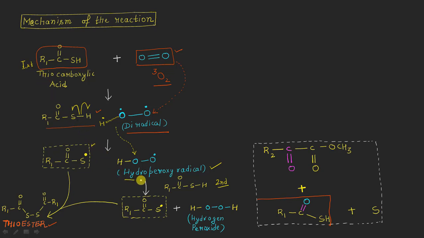And whatever hydroperoxy radical we have got here after this reaction, it will now react with this second molecule of thiocarboxylic acid, once again resulting in the formation of an S radical here by the homolytic cleavage, and this H radical from here will now be going to what? Will now be going to the hydroperoxy free radical, resulting in the formation of this type of hydrogen peroxide, right?